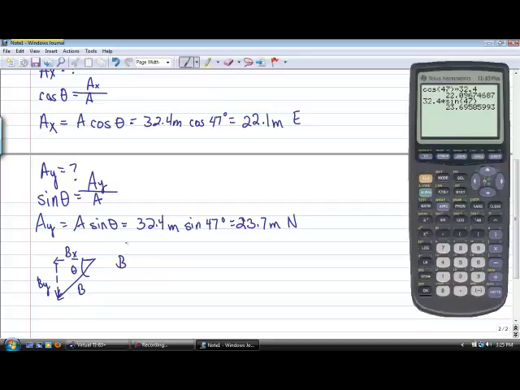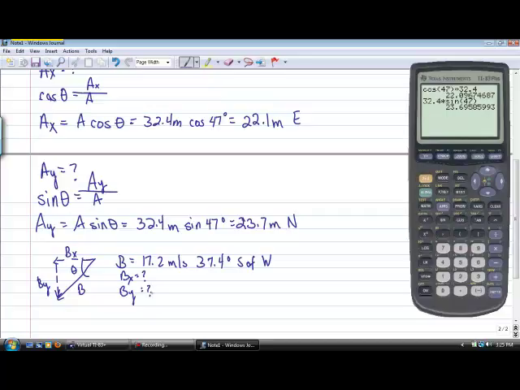So B has a magnitude of 17.2 meters per second and a direction 37.4 degrees south of west. What would be B sub x and what is B sub y?